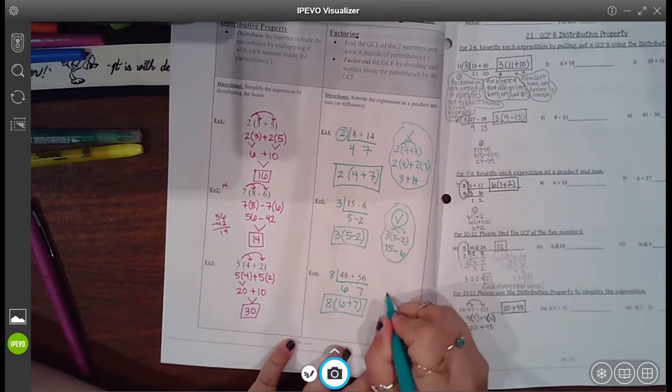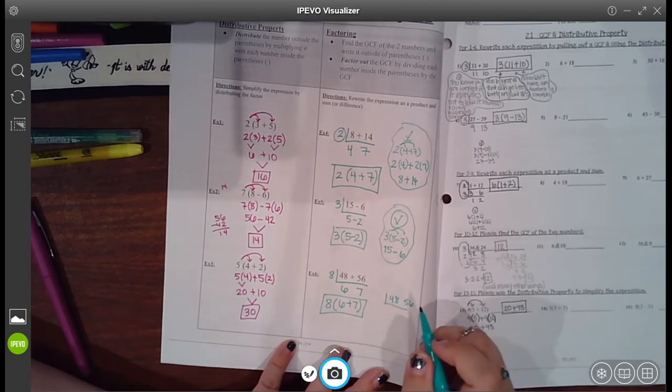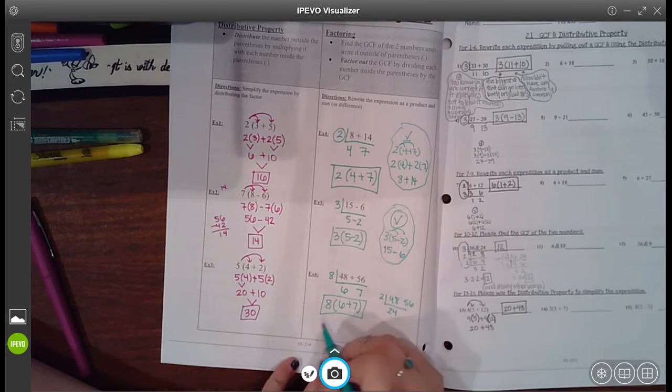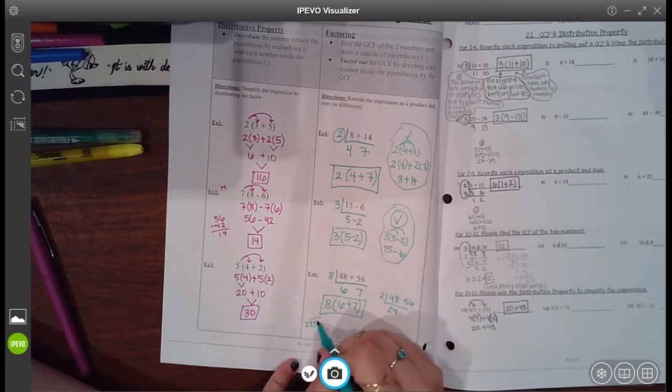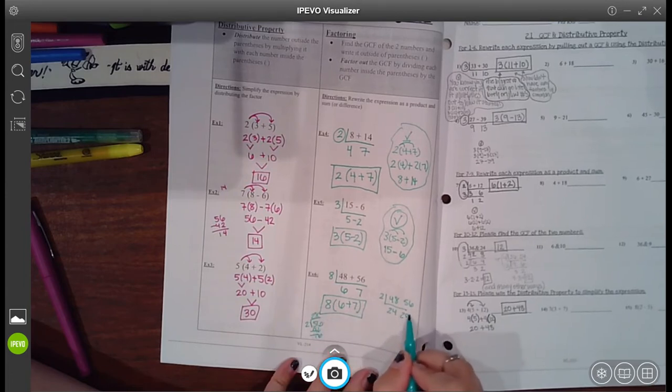Now yours might have also looked different. Let's say you didn't see that and instead maybe you did 2 and you're like 2 goes into 48 24 times and 2 goes into 56, let's see there, 28 times.